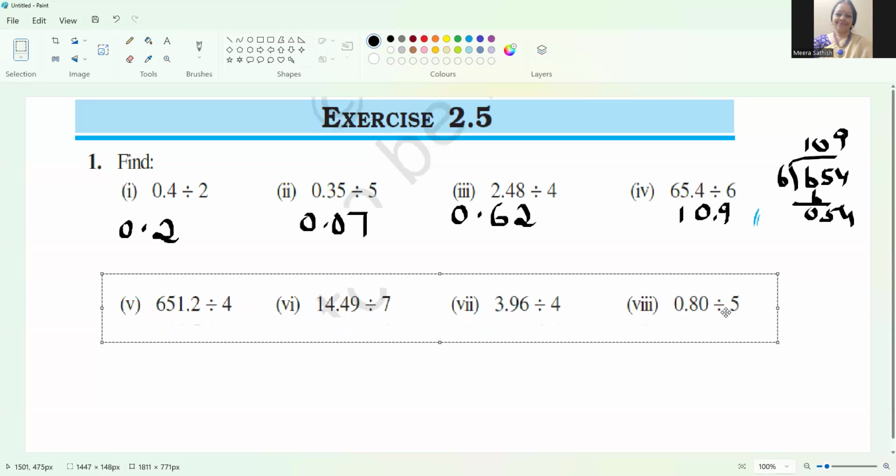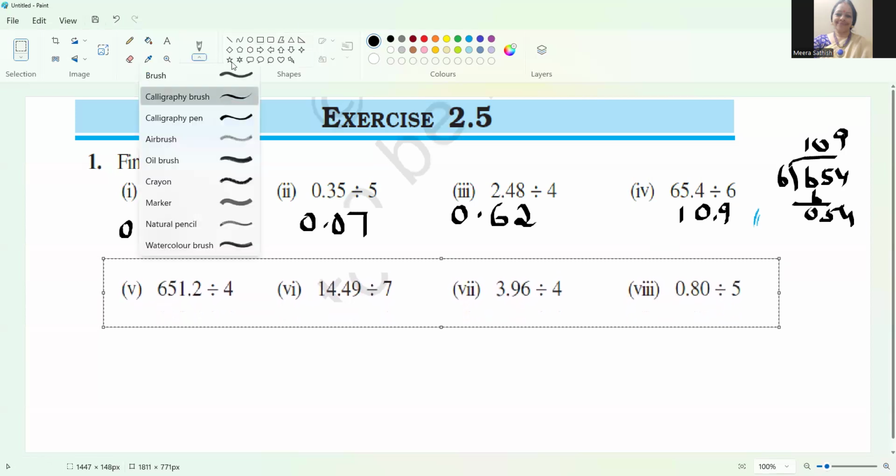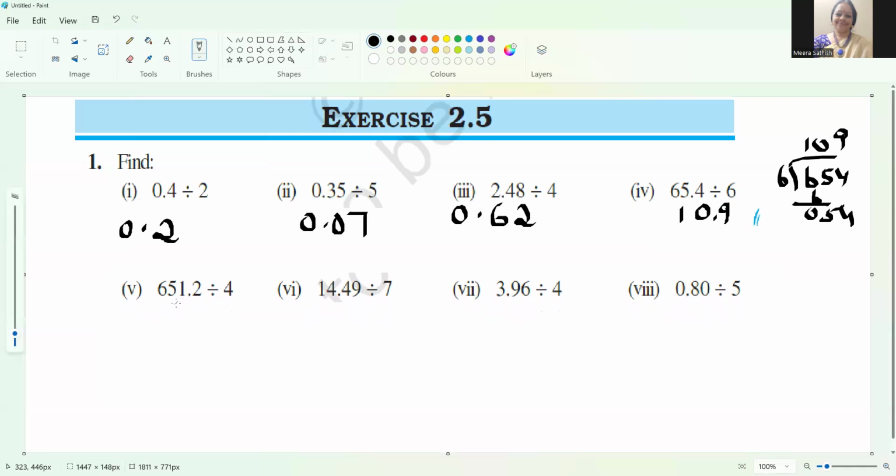Now, here, 6,512 you divide by 4. So let us divide. 1 4 is 4. 2, 25. 6 4s are 24. 11. 2 4s are 8. 32. 8 4s are 32.